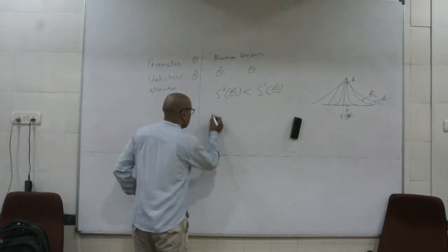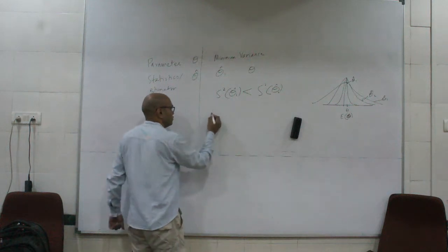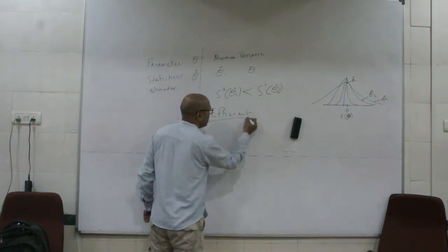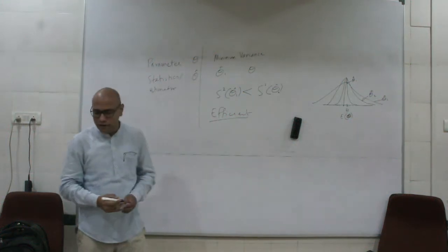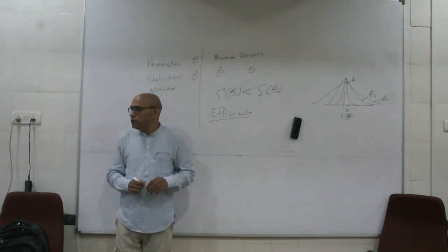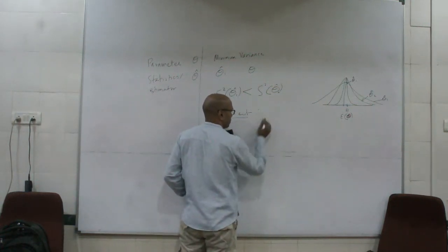Now, the next property, any question? Next property is efficiency. Efficient estimators. Now, what is the efficient estimator? Efficient estimator is also called the best unbiased estimator.